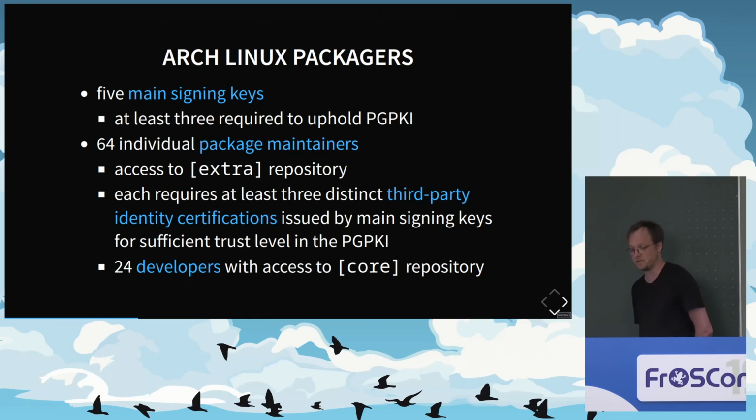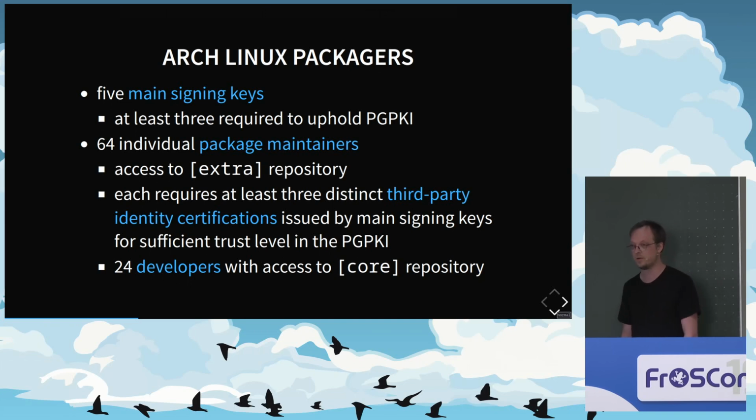They all have access to the extra repository. We have this trust level that requires them to have at least 3 main signing key signatures, or identity certifications, to be able to move any package into the repositories. 24 of these package maintainers are also developers, or in the role of developers.